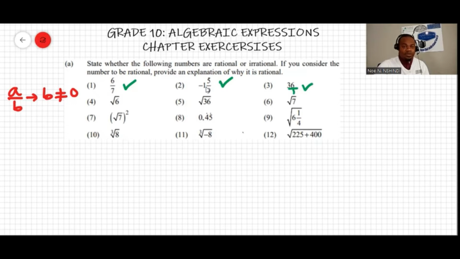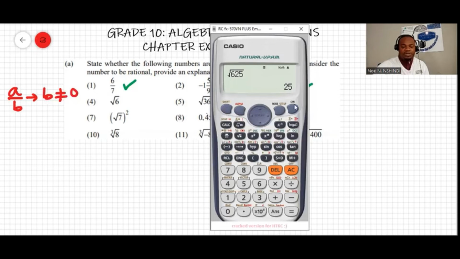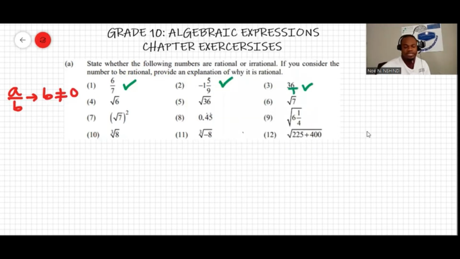Square root of 6, no, because square root of 6 is not a rational number. If you press S-D on the calculator, you don't see a recurring decimal. I can give you another explanation.